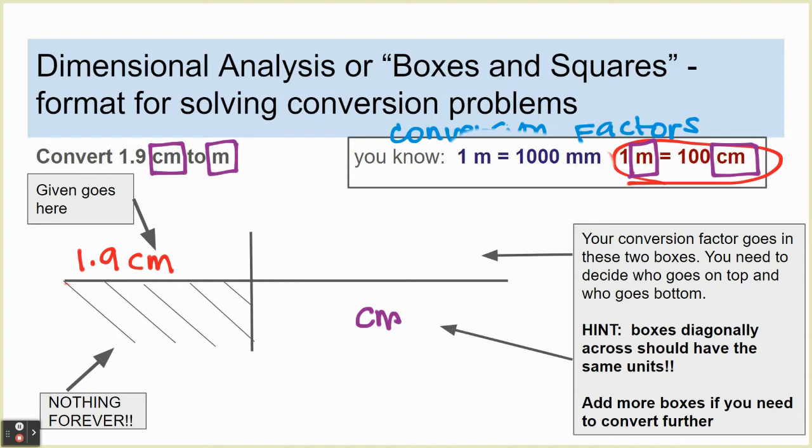So cm should be at the bottom. Now look at your conversion factor. What's the number that goes with cm? The number 100 goes with cm. So what goes at the top? The other part of the conversion factor, 1 m.